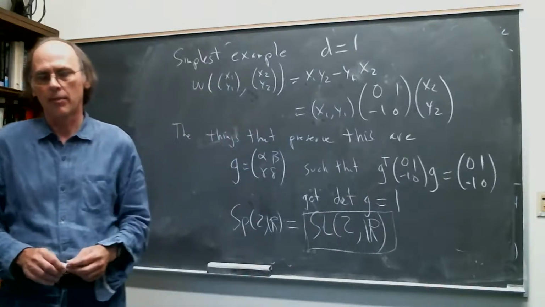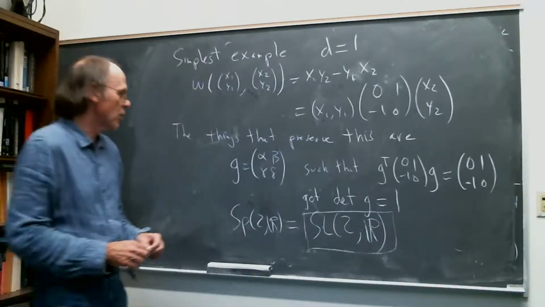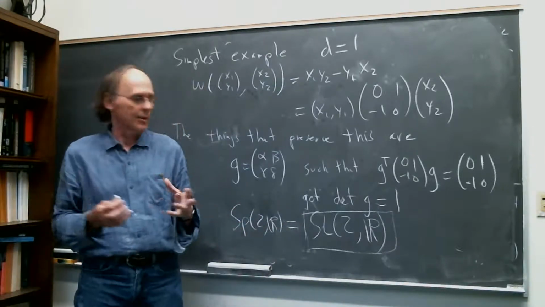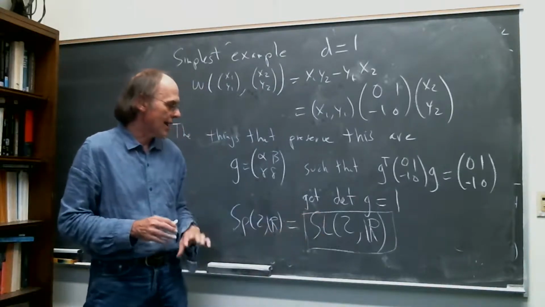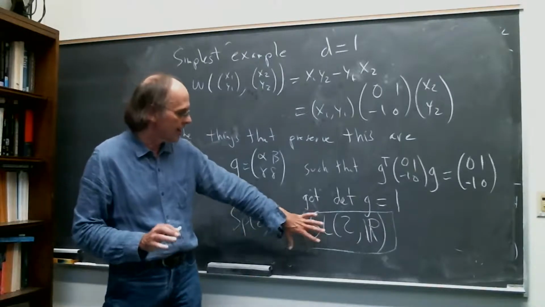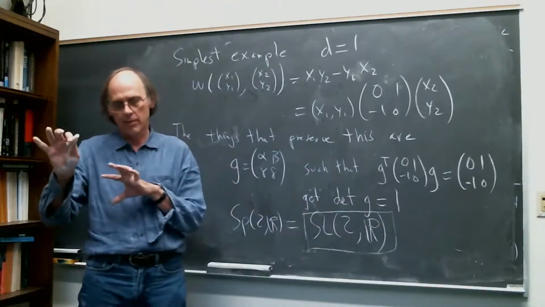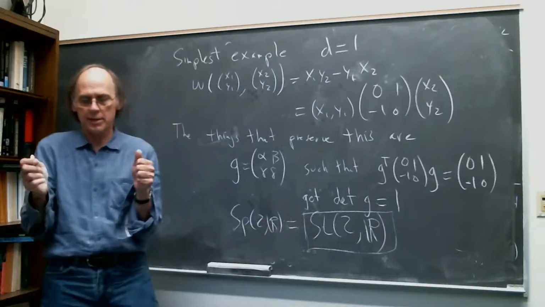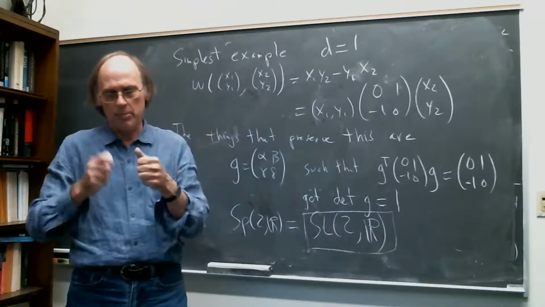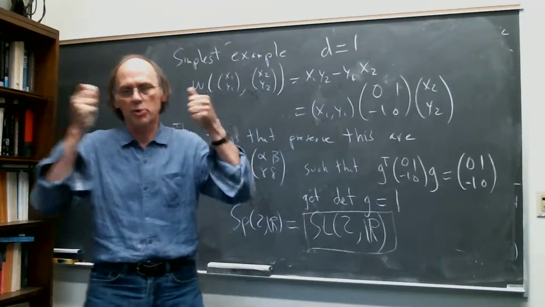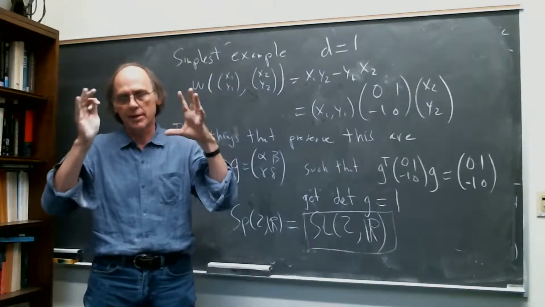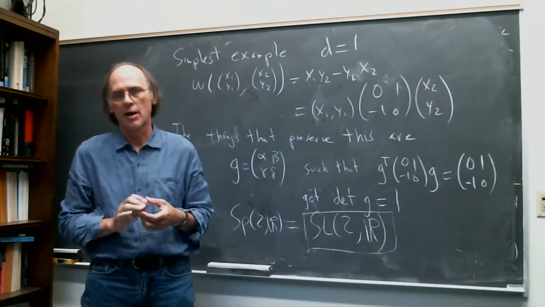And then for arbitrary D, you get bigger things. You get a whole class of groups, and the idea is that these groups are the biggest groups of transformations that preserve the notion of what a Poisson bracket is, and they preserve this underlying Lie algebra structure.